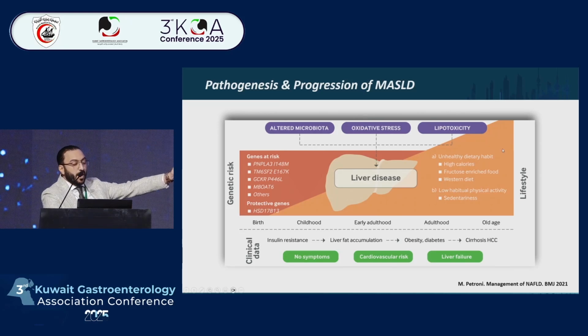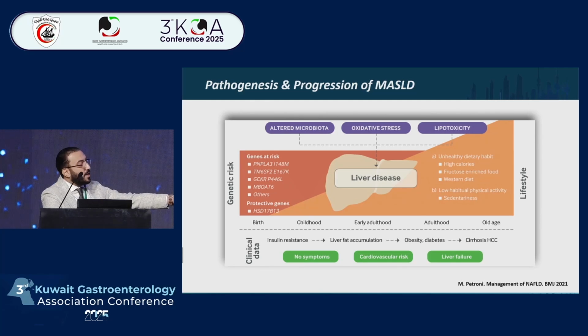On the other hand, in the other left corner, there is also an unhealthy diet, which is high in fat and sugar. Also, we have low physical activity. Don't forget that there is also an element of lipotoxicity, oxidative stress, and altered microbiota. All of these can alter the pathway and the pathogenesis of MASH and MASLD.